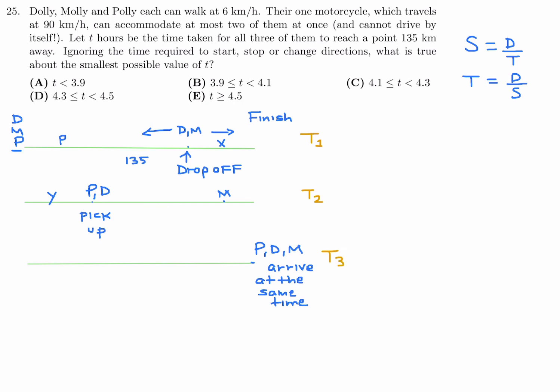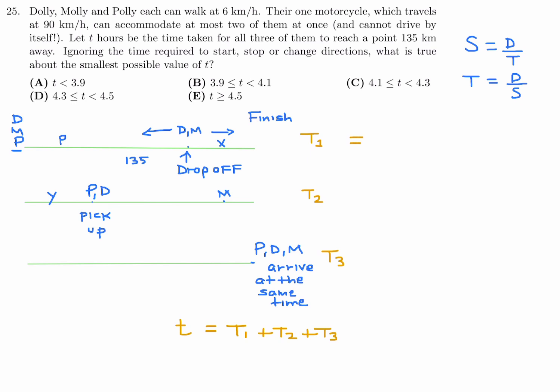And then, of course, the T that they're asking about in the answer choices is really T1 plus T2 plus T3, because all of them have to reach the finish line.